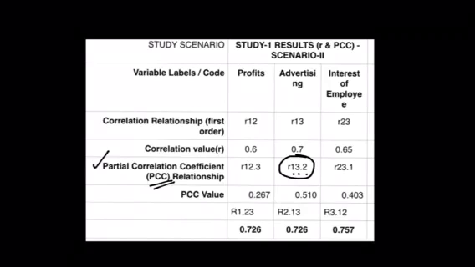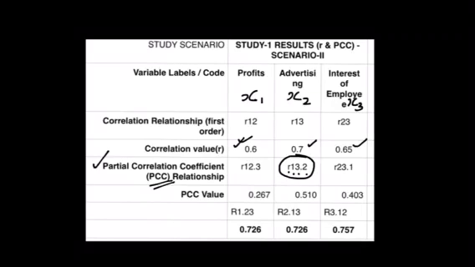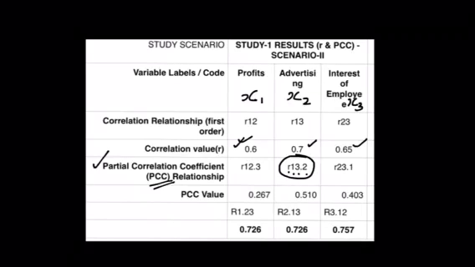Now obviously we know that R stands for the correlation coefficient of 1, which is 0.6, and for 3 it is 0.65, and for 2 it is 0.7, assuming that x1 stands for profits, x2 stands for advertising, and x3 stands for interest of employees.